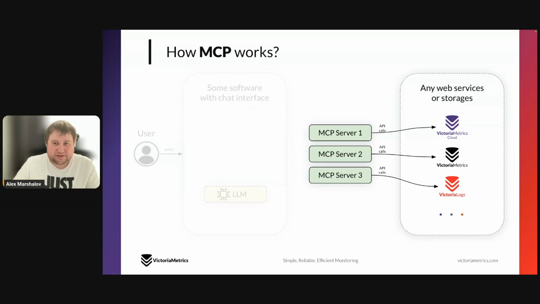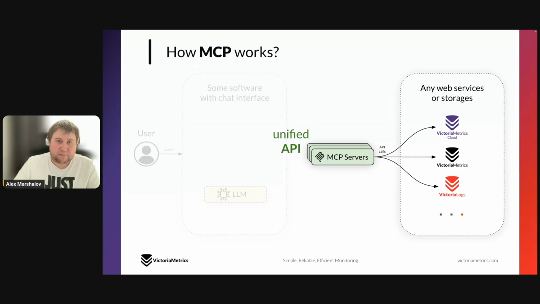To connect some external service like VictoriaMetrics, you should have some special lightweight application called MCP Server. I've shown you before that there are already a huge number of such servers created for different data sources. And this MCP server provides some unified API.